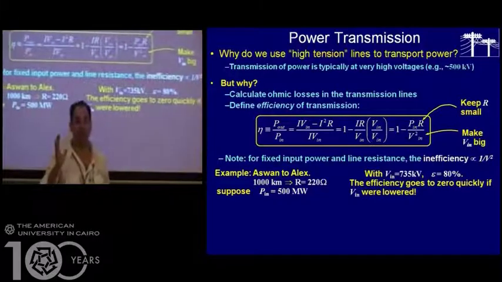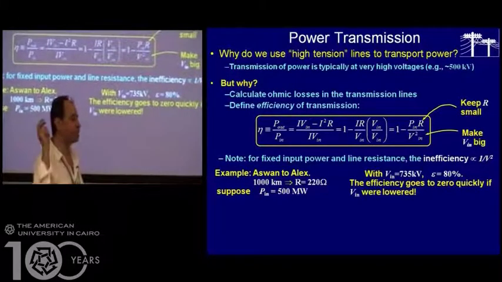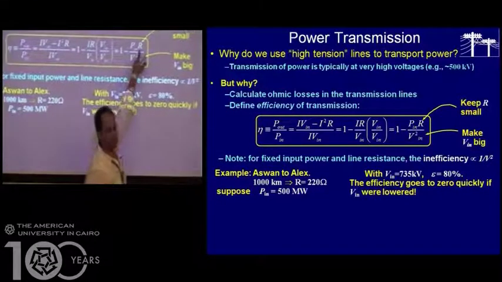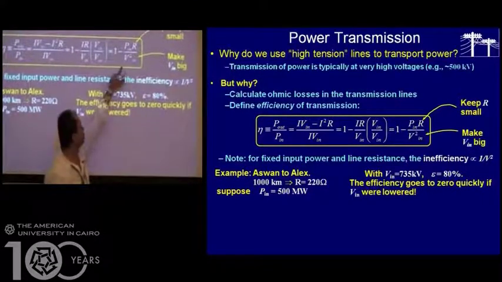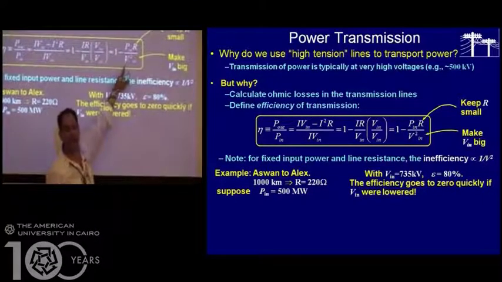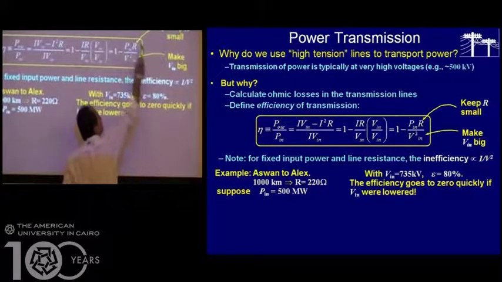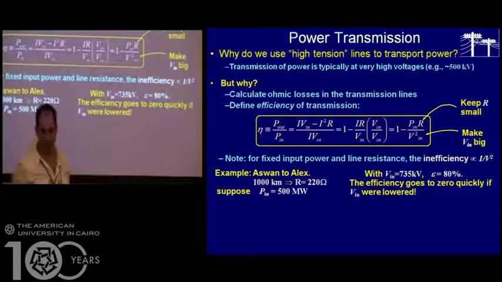Look at that equation and examine it carefully and tell us what we really need to transmit the power. We need to lower the resistance, use superconducting material, but we need to use very high potential. If you use high potential, you minimize that term and increase the efficiency.